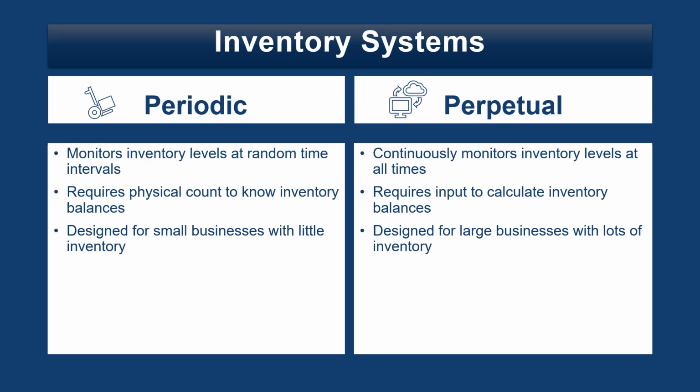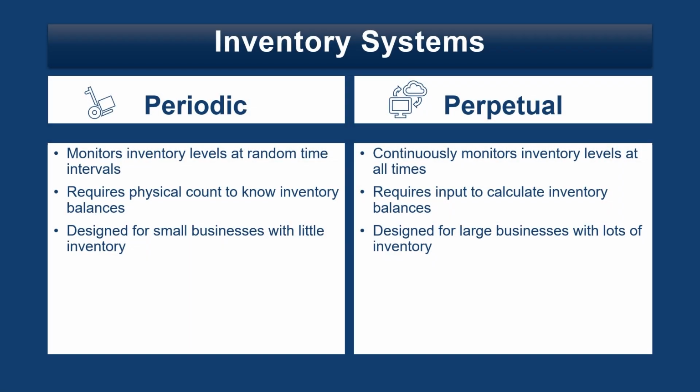So a perpetual system, however, knows the exact amount of inventory at all times. Again, it consistently or continuously updates. That's why it's more suitable for large businesses, because when you have a ton of inventory, you want that process to be easy to manage, and you can do that using a perpetual inventory system.